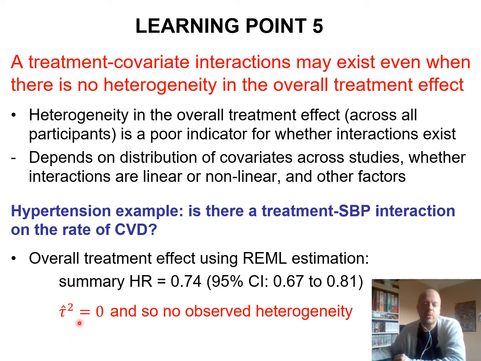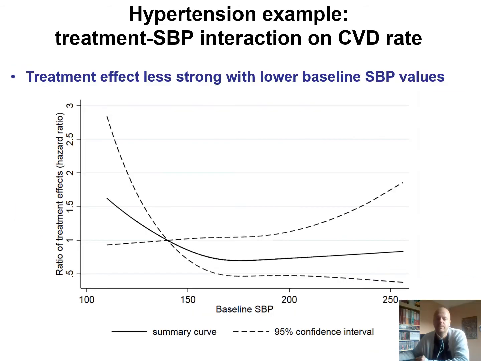However, tau squared was 0, so there's no observed heterogeneity here. You might look at that and go, well, it's very clear, therefore, that this treatment works consistently well for everybody. But heterogeneity relates to heterogeneity at the study level, not the participant level. So we examined whether there was an interaction.